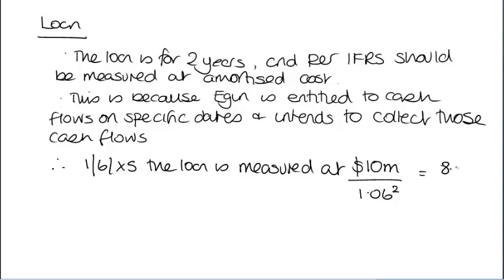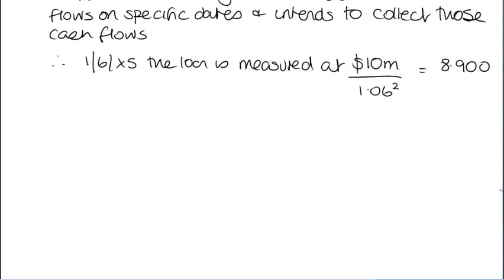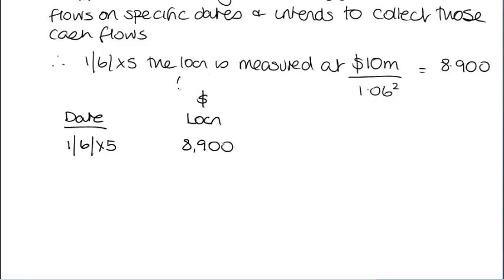That's 8.900 million. So I'm going to say here, date 1st of the 6th X5, the dollar value of the loan is 8.9 million. So this is going to be in the books of Egin. Sorry, I got the wrong company there.